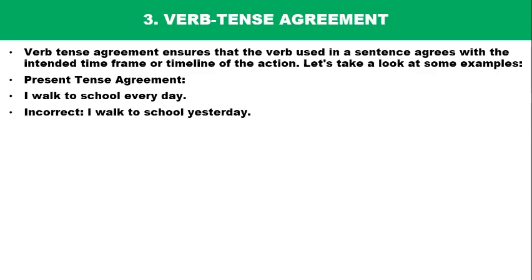It's incorrect to say I walk to school yesterday, because you can't use the present tense to talk about a past event. Now, what is correct is for you to say, I walk to school every day. Of course, we have already seen that. Now, let's move on to past tense agreement.